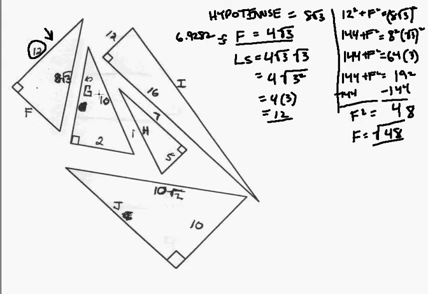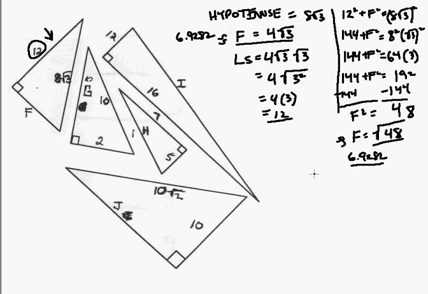Then if I go to the square root of 48, I get exactly the same thing, 6.9282. That's the approximation, which tells me that 4 square root of 3 and the square root of 48 are the same. Either one of those would be a correct answer for f.